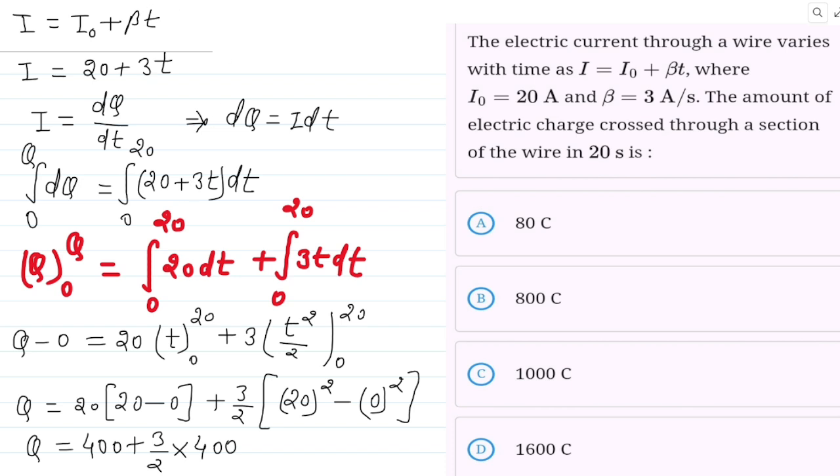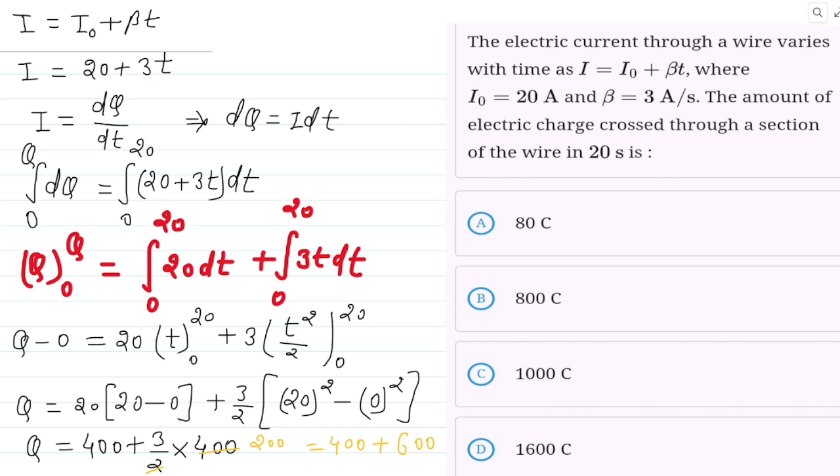Now on cancelling the term, we cancel 2 with 400, so it will be 200. It will be what? 200, and 200 multiplied by 3, so we get 400 plus 200 into 3, it is 600.